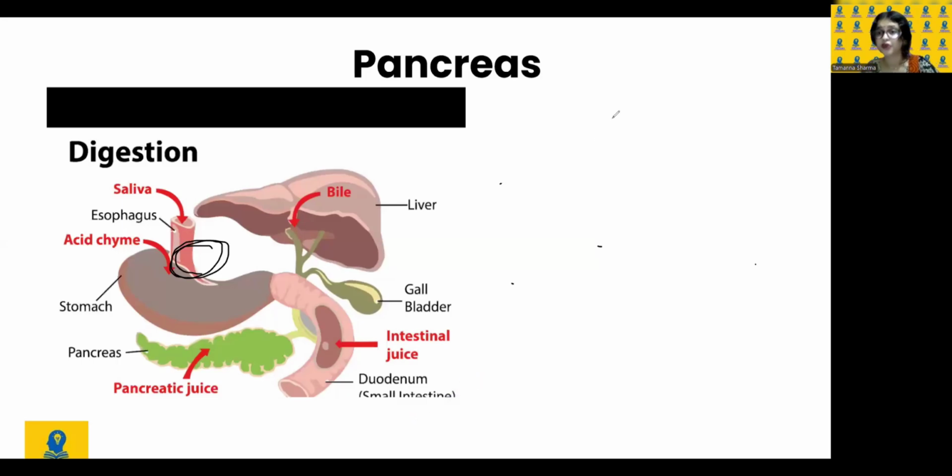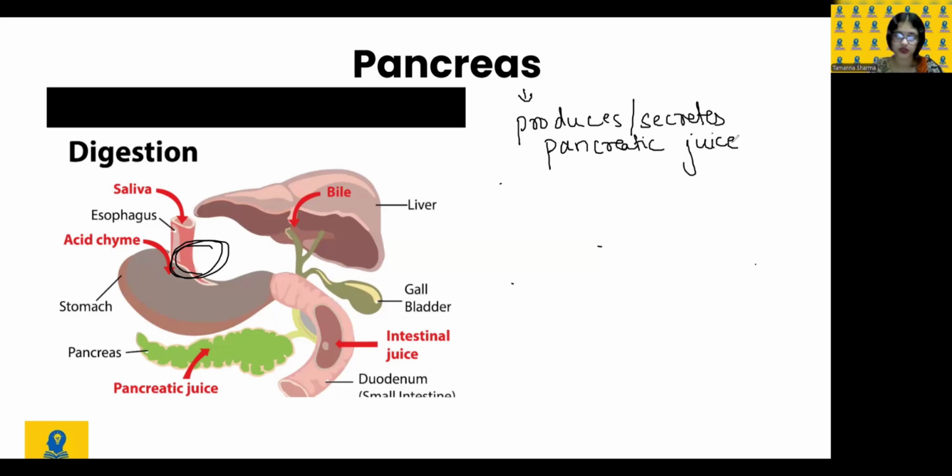The pancreas secretes pancreatic juice. Now see, the pancreatic juice contains three types of enzymes which are really important for you to remember.